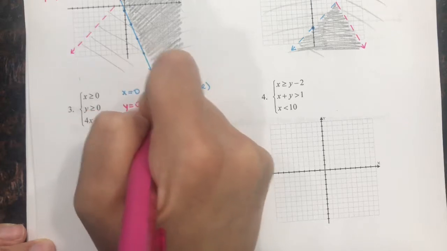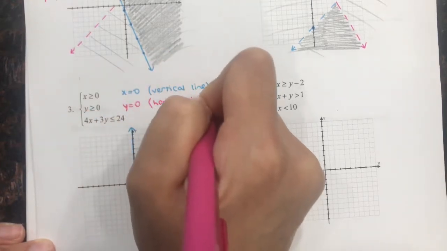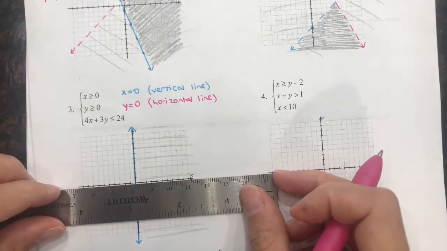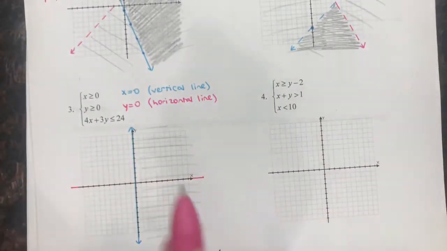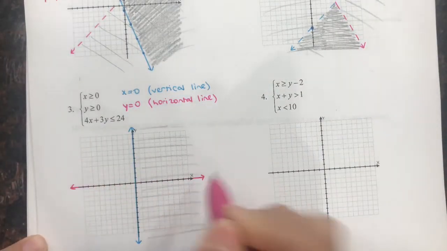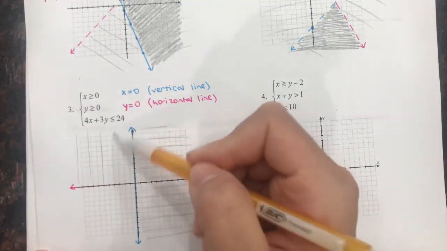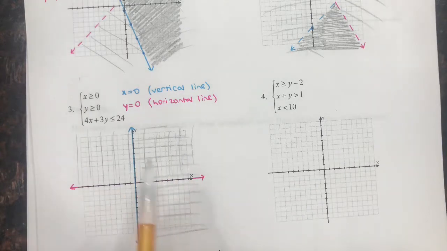Well, y equals 0 is a horizontal line. So we're going to draw this horizontal line. Greater than means we're shading above this line. So far, my overlapping region is over here, okay?